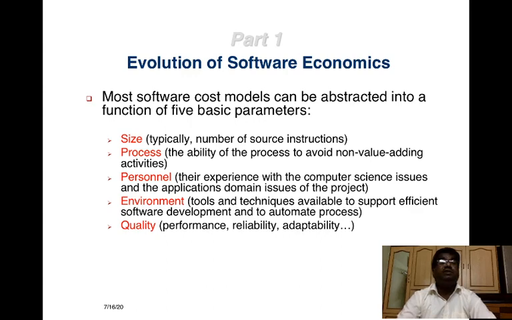Process means various modules. Personnel means the number of people going to be involved in the project from stage 1 to the final stage. Environment means the hardware and software tools and supporting systems used inside the project. Quality means the project must always be built with quality.